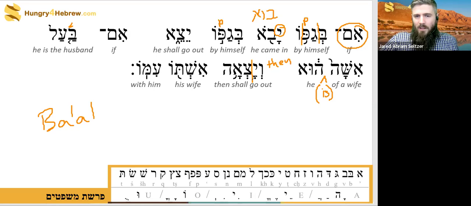This is going to be audible shva because we have a kamatz before it. V'yatza'ah, and she, wait, she went or she will go? This vav is a reversing, conversive vav. Yatza'ah by itself means she went.